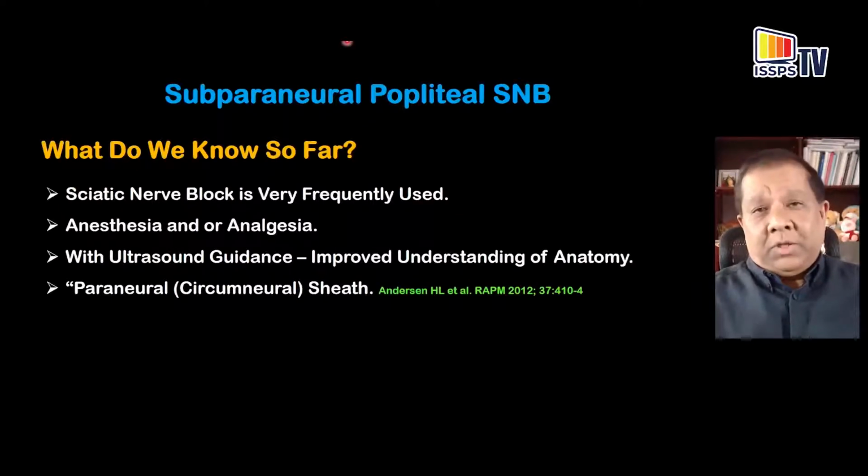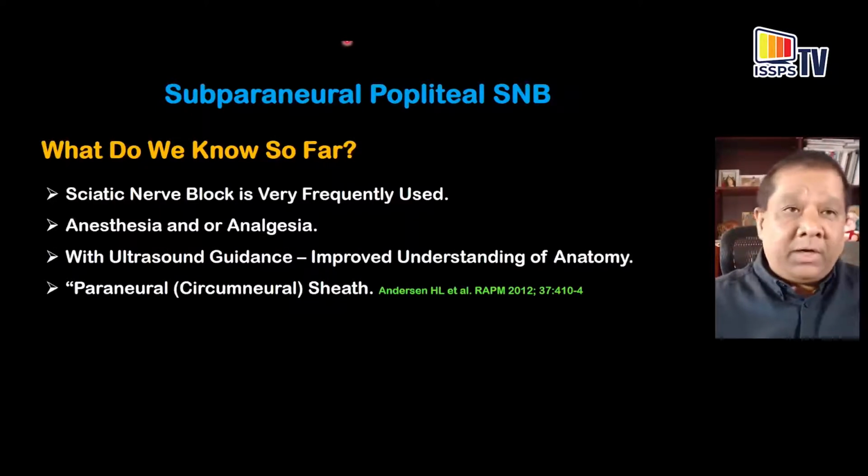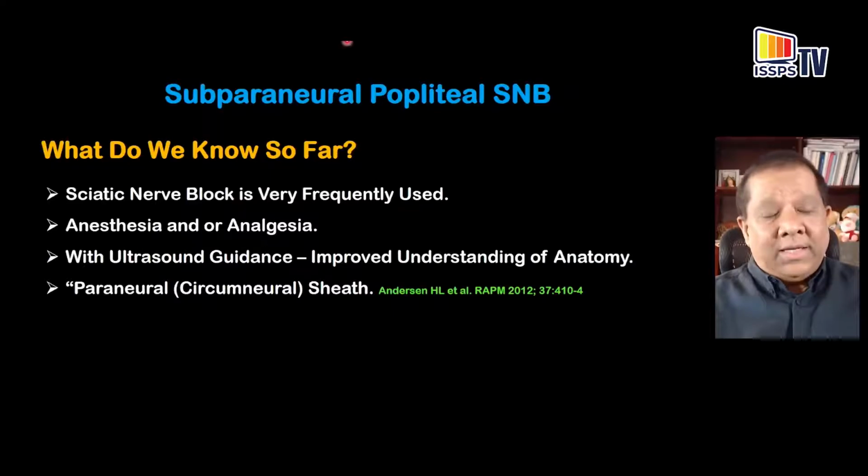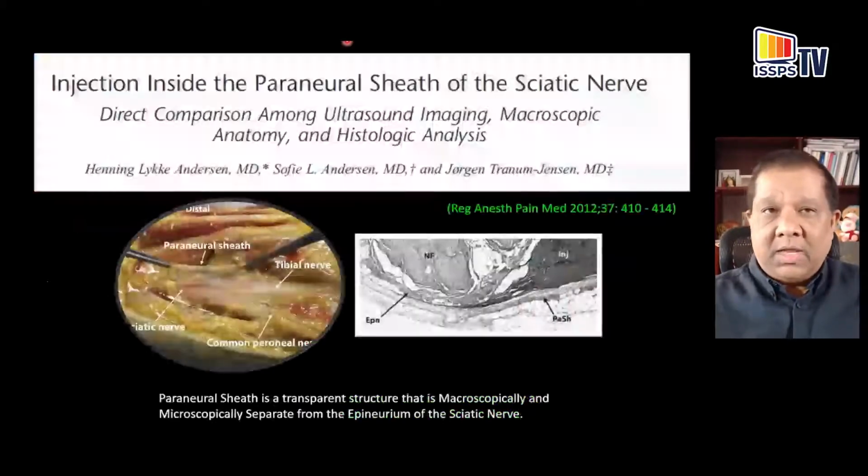So sciatic nerve block is very frequently used for anesthesia and analgesia. And as I alluded to, it's very frequently used for analgesia in many practices. And with the use of ultrasound guidance, there has been significant improvement in our understanding of anatomy, particularly with respect to the paraneural sheath or the circumneural sheath, as we discussed with the brachial plexus.